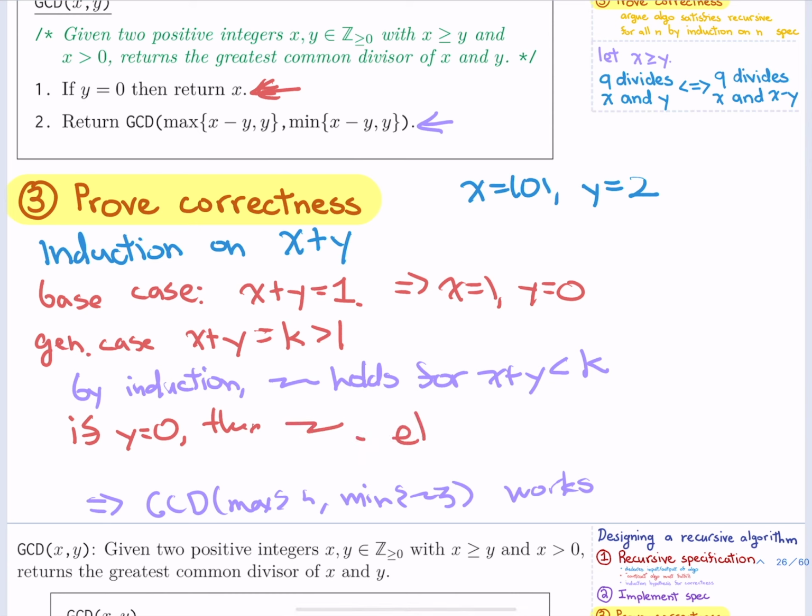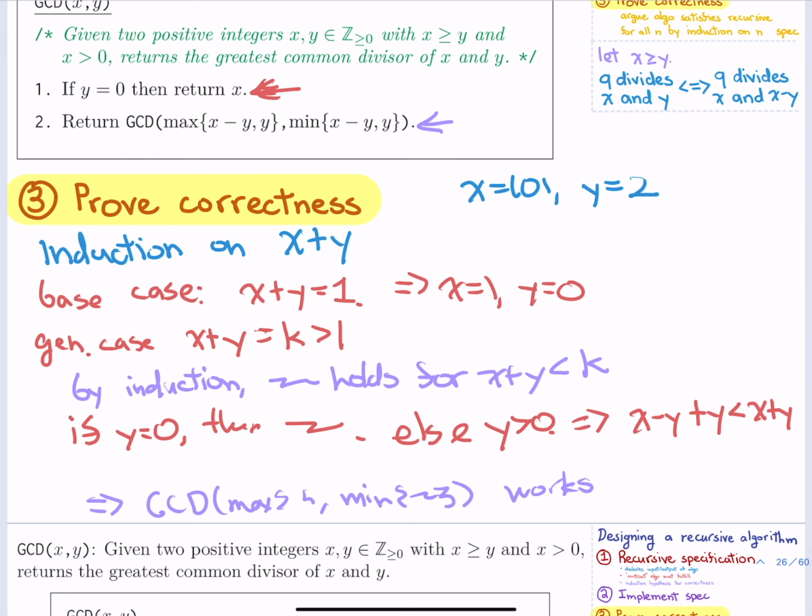And then otherwise, y is greater than 0, which means that x minus y plus y, which is the sum of the two arguments in the subcall, is now less than x plus y, because y is bigger than 0.